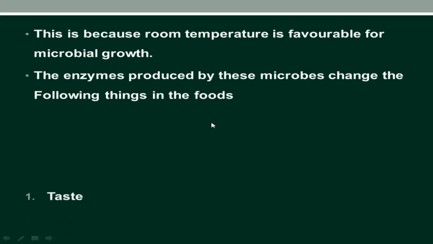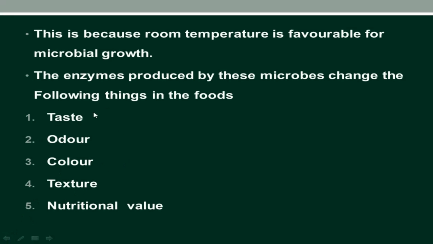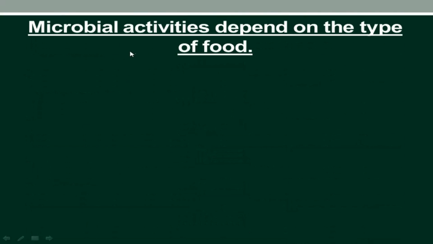What are the things that change due to the enzyme produced by the microorganism? Taste, color, odor, texture, and nutritional value are the factors that change due to the enzyme produced by the microorganism on the food.